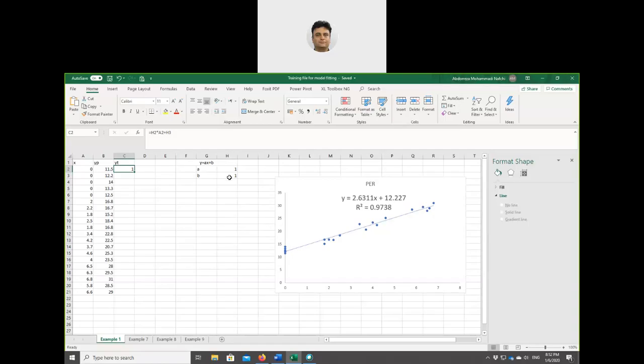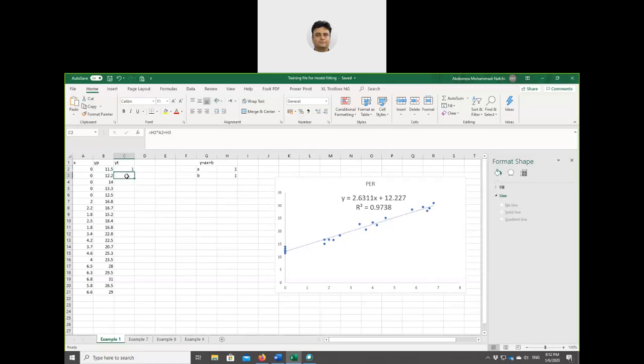Plus H3. This is H3. As Excel is an intelligent program, if you copy and paste here, it automatically calculates another yt for this amount of x.